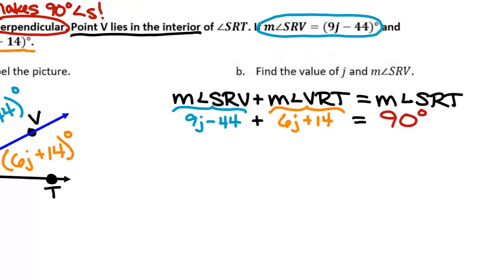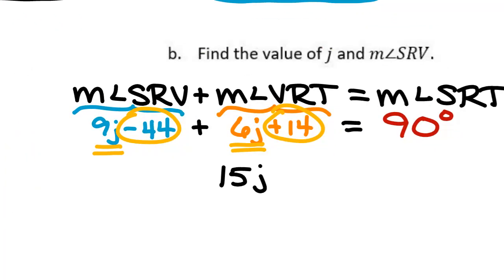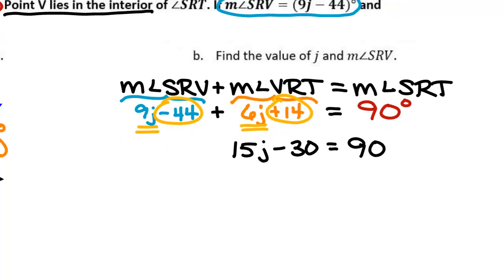All right. We're going to combine our like terms on the left-hand side. What is 9J plus 6J? 15J. And then we combine our constants, the things without variables. Negative 44 and positive 14 combines to give us what? Negative 30. So 15J minus 30 equals 90.